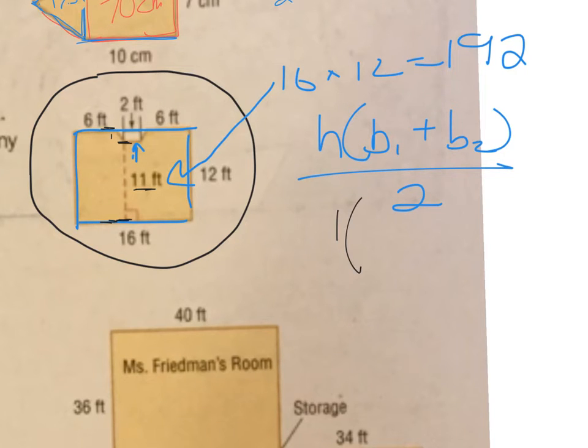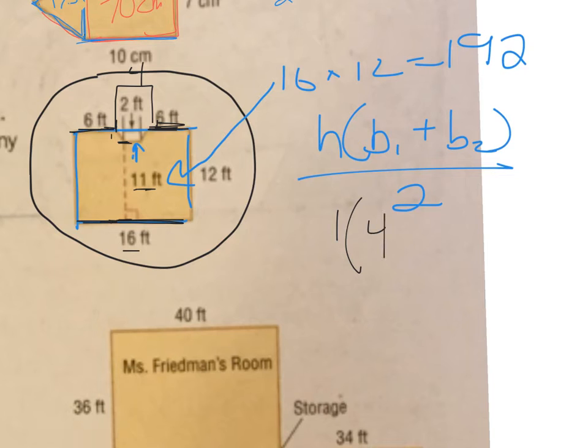Now my base, I know this little part is 6, this little part is 6, and this whole thing here is 16. 6 plus 6 is 12, and if I take 12 away from the 16, it leaves me with a nice 4. From here to here, that's 4.